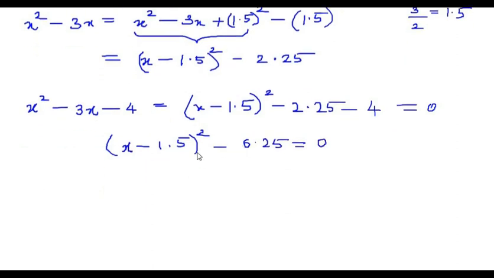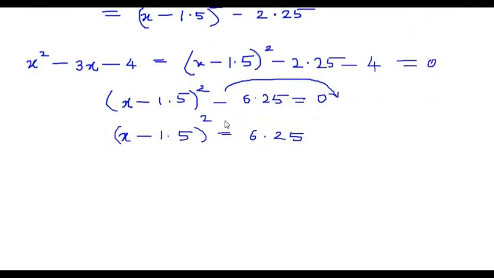Now we have to solve this expression. We can take the negative 6.25 to the other side and write x minus 1.5 the whole squared equals 6.25. Now the next thing we have to do: when we shift the square to the other side, it changes to a square root.